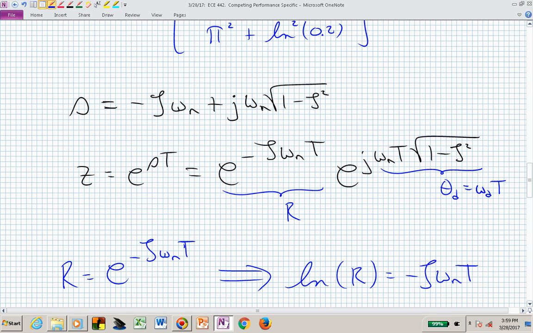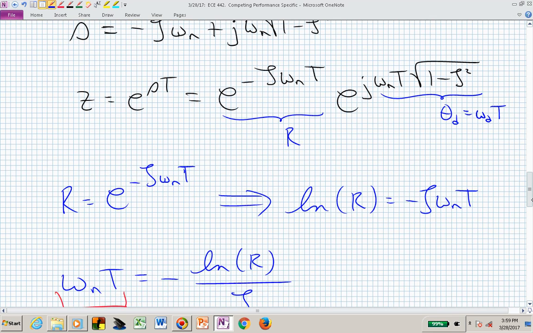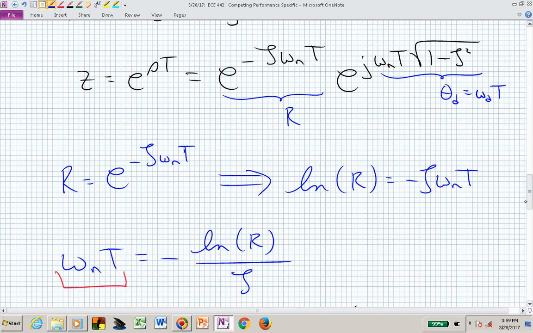Taking the natural log of both sides, we end up with natural log of r equal to minus zeta omega sub n T. We divide both sides by minus zeta, and we end up with an expression for omega sub n T, which we can now use in our angle theta sub d formula, since we know zeta, and we have omega sub n T in terms of r and zeta. We now have the angle theta sub d.